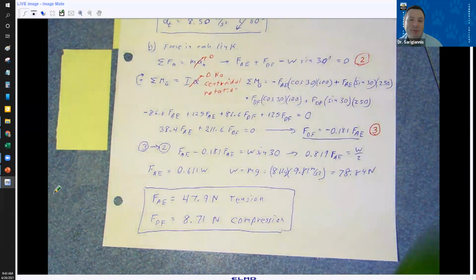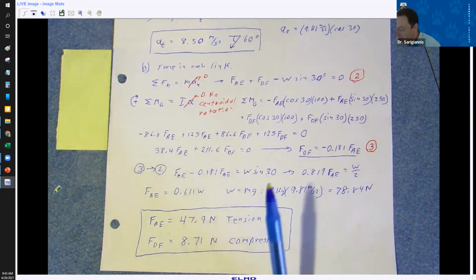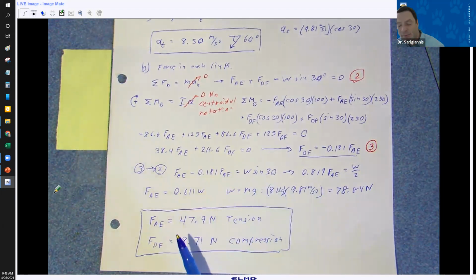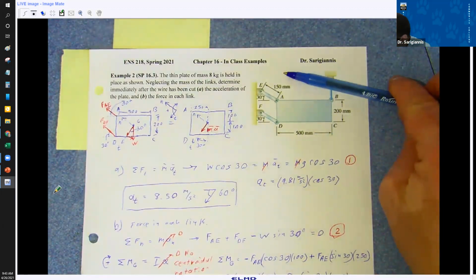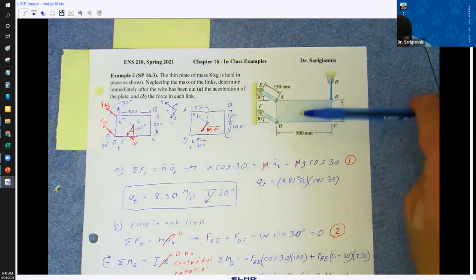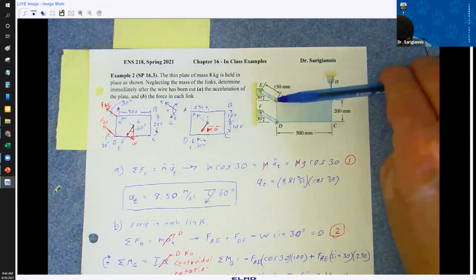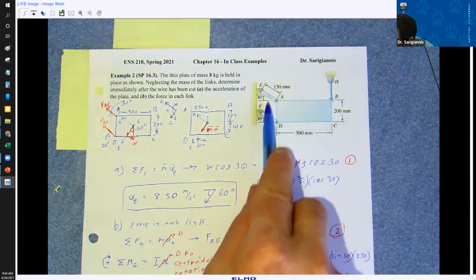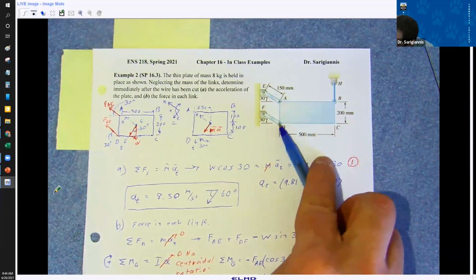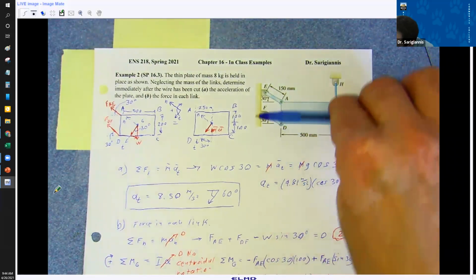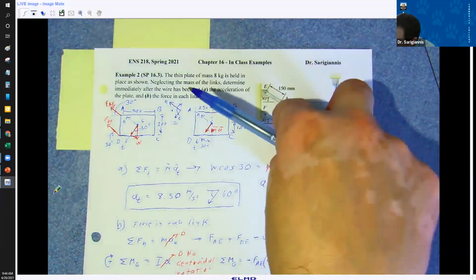Let me go back to the picture here. So we're saying the top member AE is in tension. The bottom one's in compression. Right, and that makes sense. As this is cut and released, it's going to want to swing down this way. It sort of wants to hinge around A. It wants to pull on A, and it's compressing on D, because it wants to swing down, but it can't.